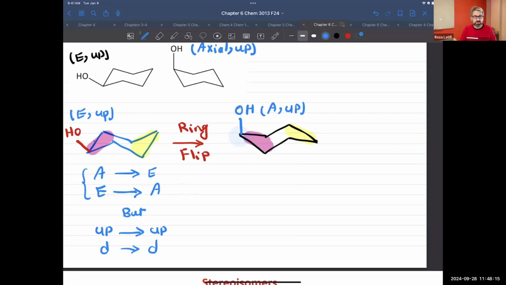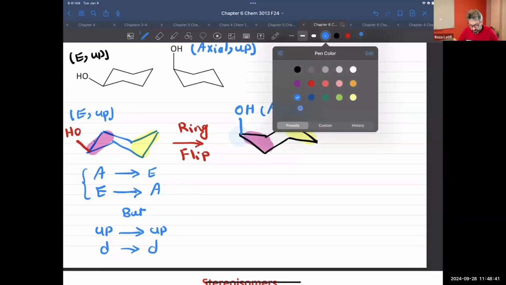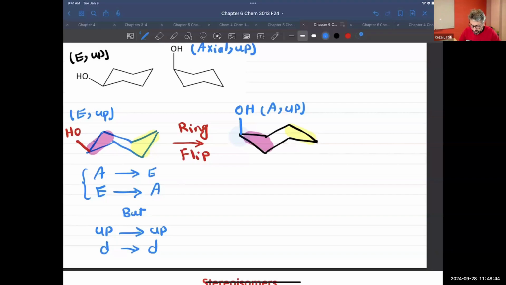Now, what's the relationship between these 2 structures? We got them not through rotation, technically, but from bending. We did not break any bond. The connectivity is still the same. The structure got bent and rearranged itself in space. So I got two isomers, and we got them through ring flip.